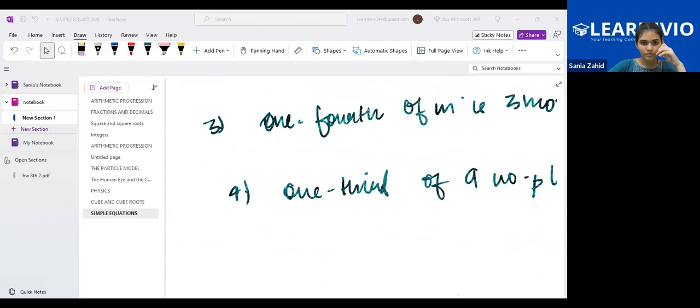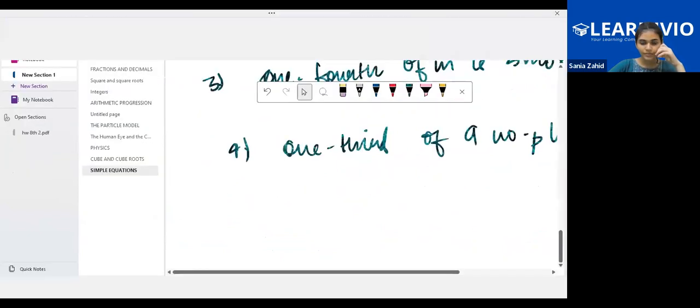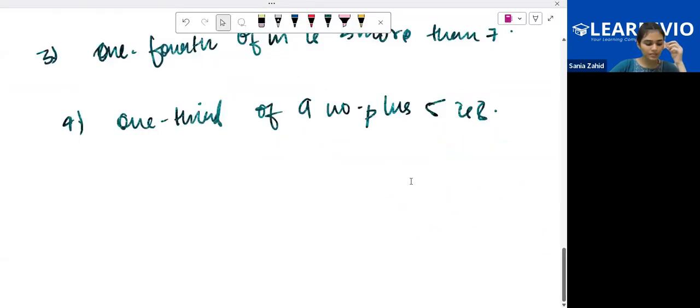I can't see that one. The right side is not clear. It is written: 1/3 of a number plus 5 is 8.